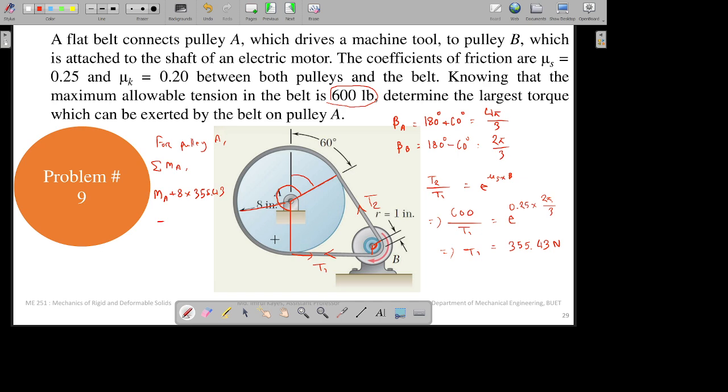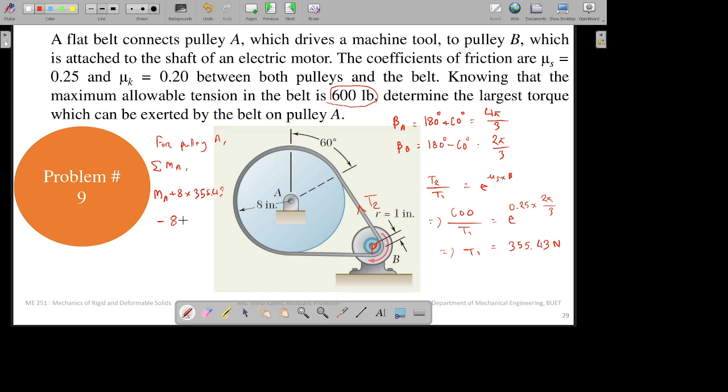This will be anti-clockwise rotation and this will be plus. I'm showing you again: T1 will be in that direction for pulley A, so it will exert anti-clockwise rotation, so that's why I have put plus over here. But for T2, for pulley A, it will be in that direction, so it will cause clockwise rotation, so we have to write minus over here.